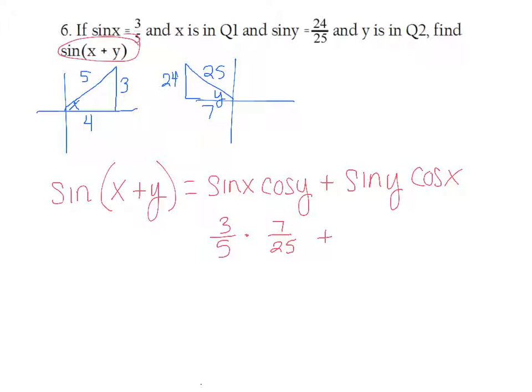Plus, back to sine. Sine would be opposite over hypotenuse, 24 over 25. And then I'm back over to x. Cosine is adjacent over hypotenuse.